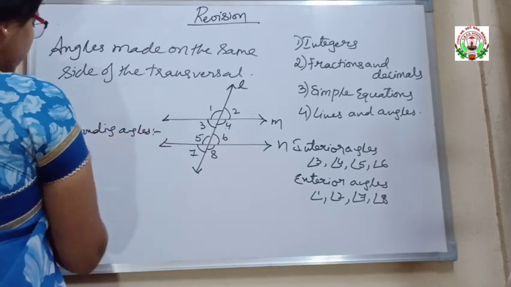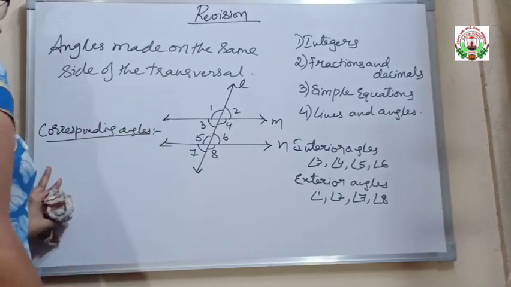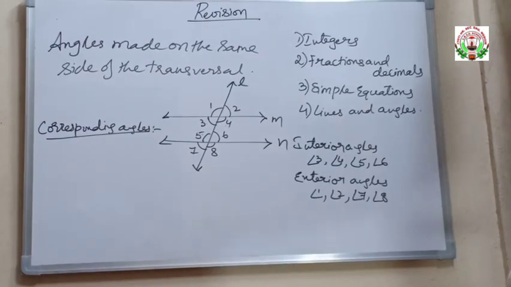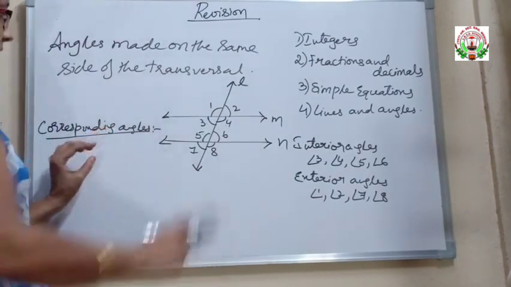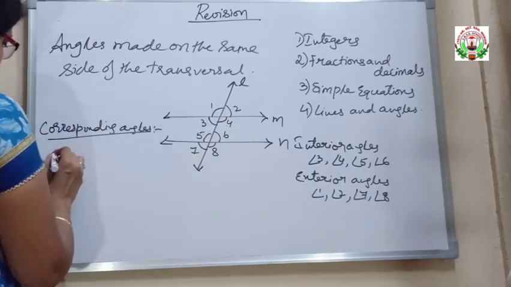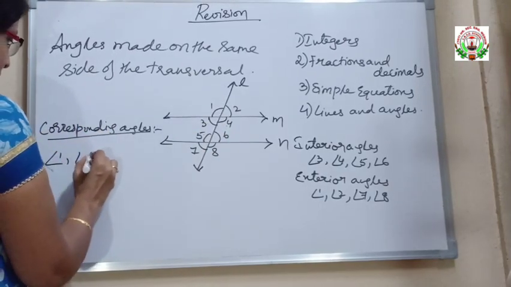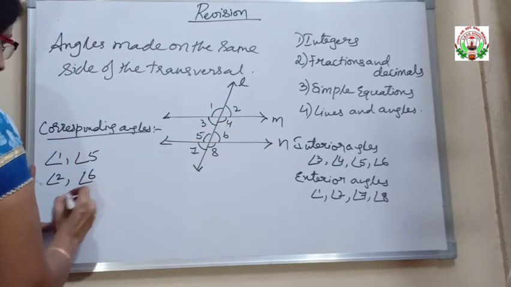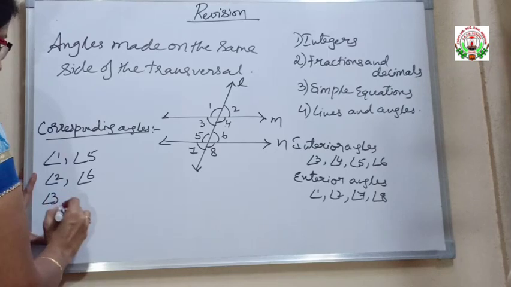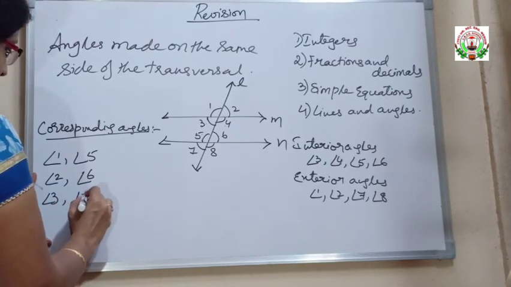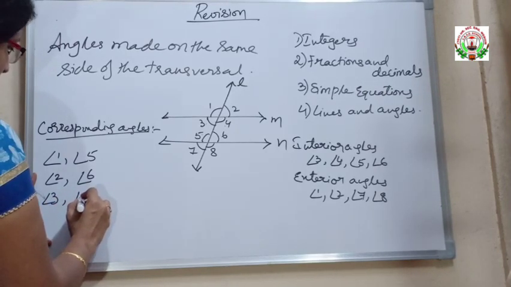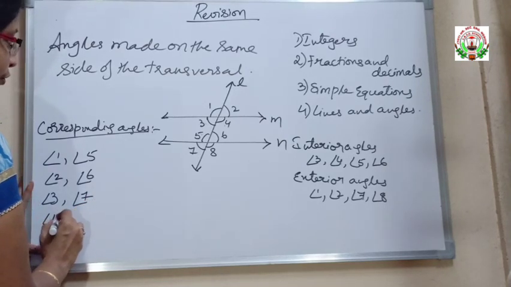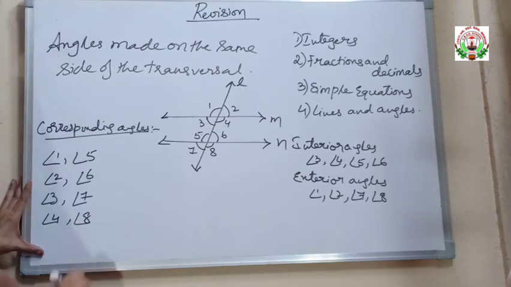Corresponding angles. So corresponding angles are angle 1, angle 5, angle 2, angle 6, next angle 3, angle 7, angle 4 and angle 8.